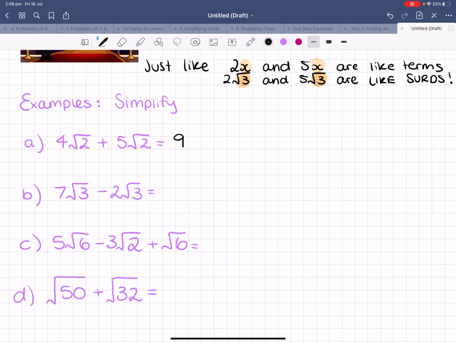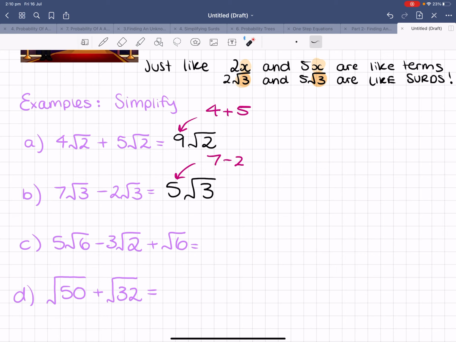So we end up with 9 square root 2, because that is 4 plus 5. All right, the next one, 7 square root 3 minus 2 square root 3. Well, 7 minus 2 is 5 square root 3.